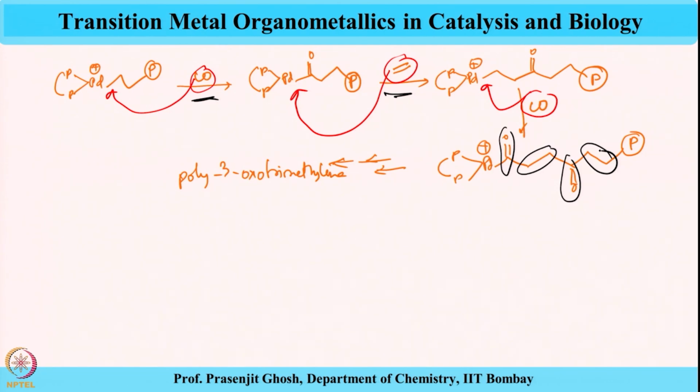Now, to have an insight on this, one has to consider the following. For example, instead of this alternating insertion, there can be chances of double insertion of carbonyl, two insertions of carbonyl. Now, double insertion of CO is an uphill and impossible task, so that is discounted.